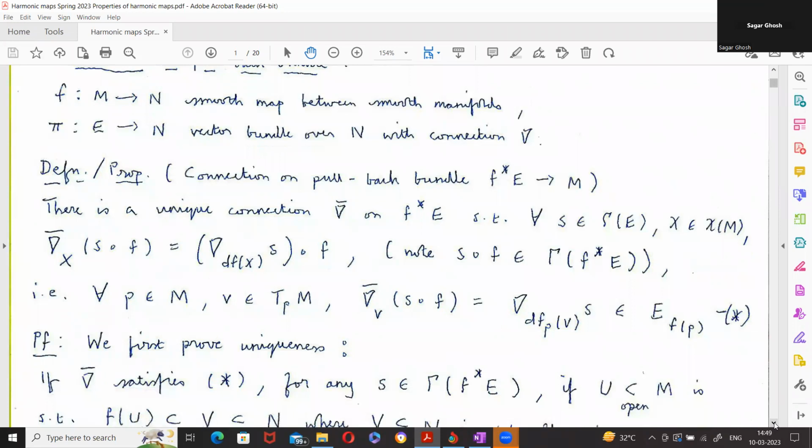So if you look at the definition for a second, you will realize that the covariant derivative along a curve of a section along a curve is a special case of this connection, where the map F is the curve from an interval into the manifold. What is a section along a curve? It is a section of the pullback bundle by the curve.